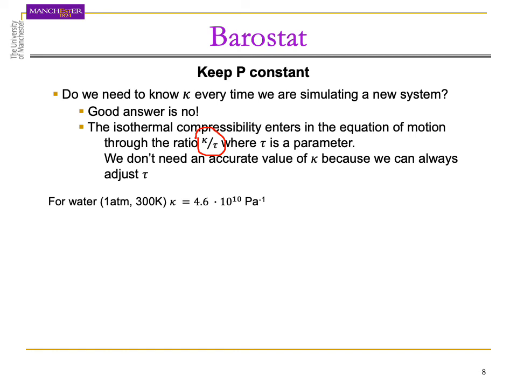That means that, as is usually done, we can use the isothermal compressibility, for example, of water, which is reported here as equal to 4.6 times 10 to the power of minus 10 1 over Pascal, and then adjust the parameter tau.